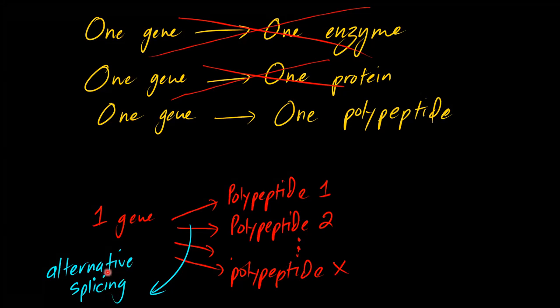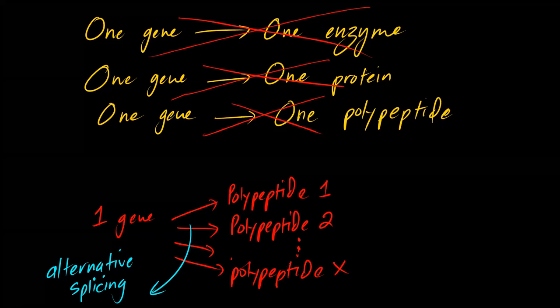So alternative splicing is a process that enables the formation of more than one polypeptide, different polypeptides, from a single gene. Okay? So this discovery that one gene encodes more than one polypeptide makes this statement incorrect and invalid.